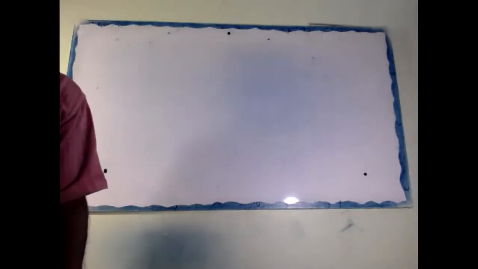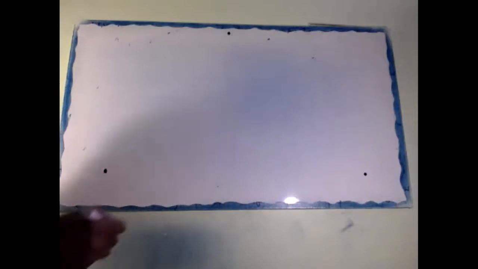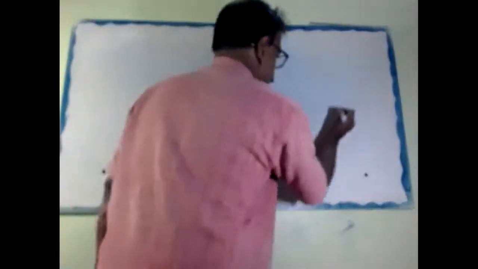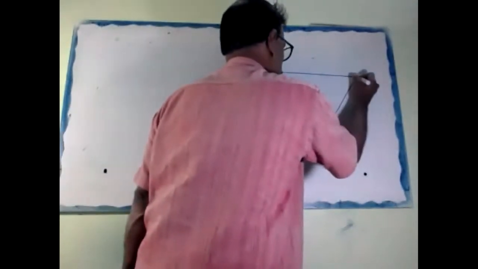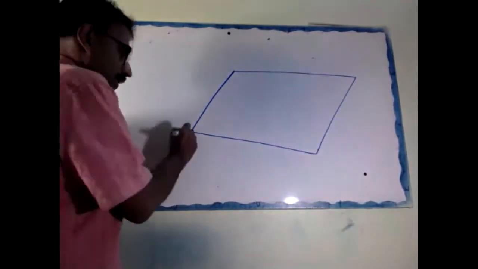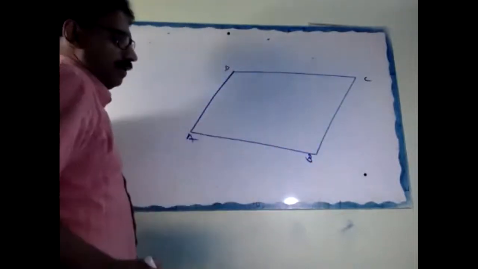First one, a quadrilateral, right? First we learned quadrilateral. What did you write? A plane figure bounded by four sides is called a quadrilateral. So ABCD is a quadrilateral.